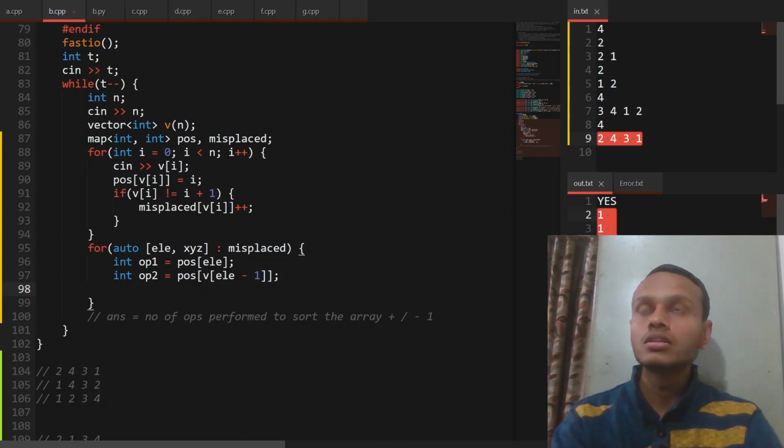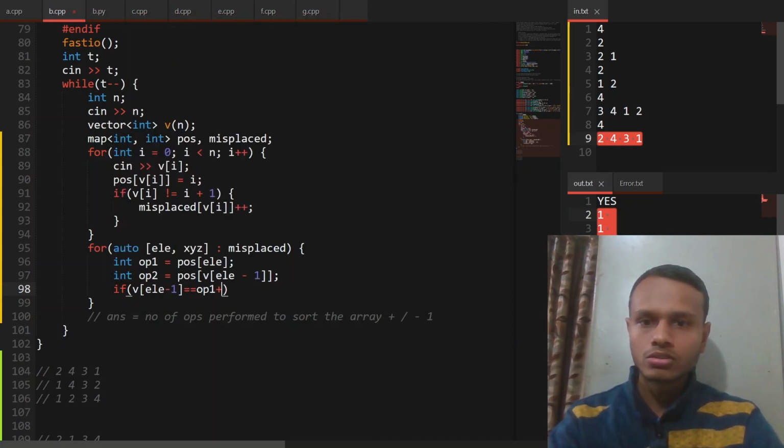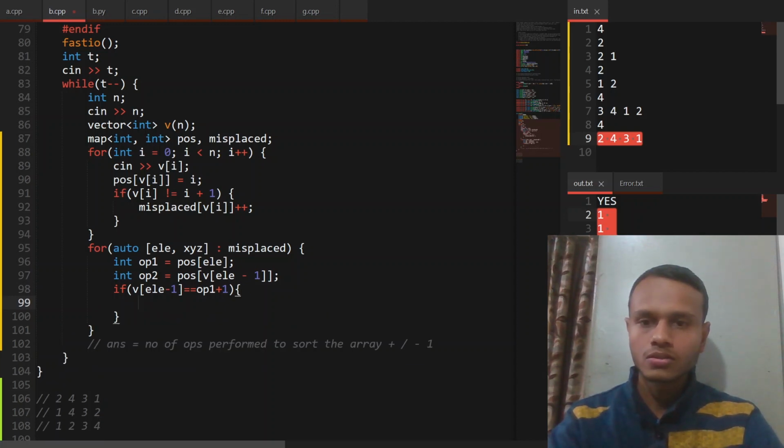Now if v of element minus 1 is equal to this thing, then we don't have any problem.